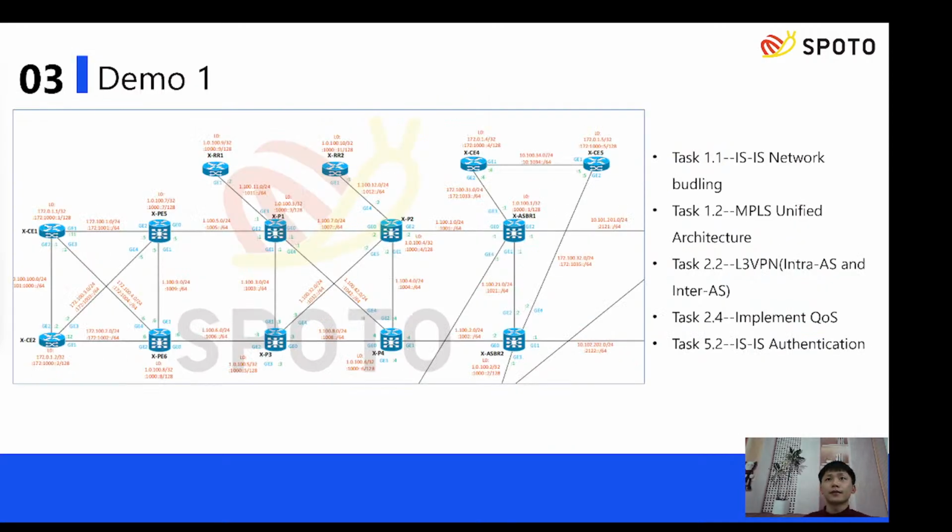Demo 1 is the detail I want to show you. ISIS network building: you need to build the ISIS network, and it will be used for the unified MPLS architecture, even the Layer 3 VPN.